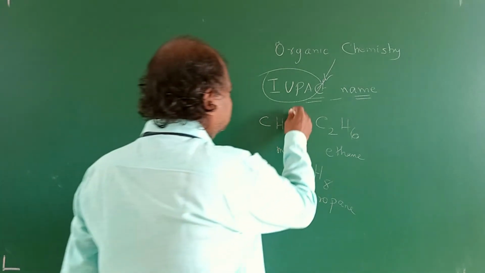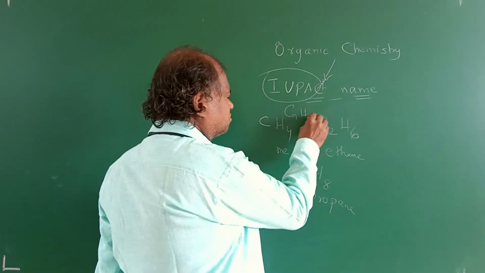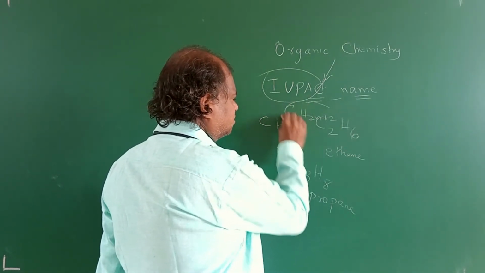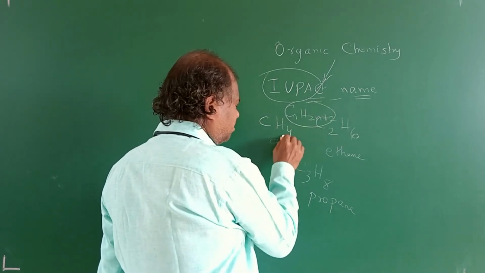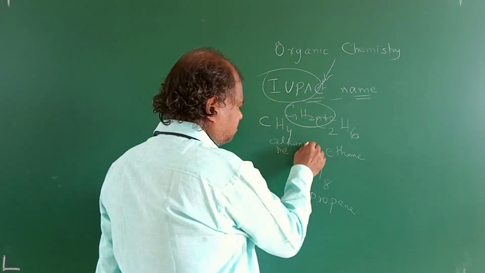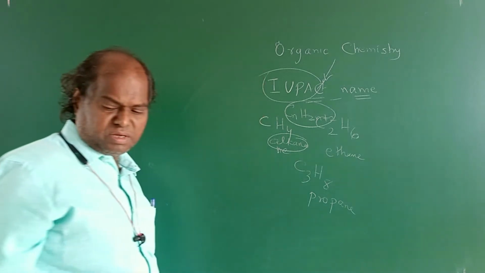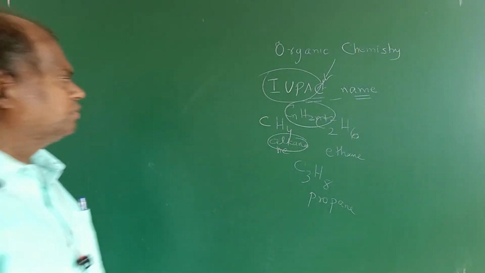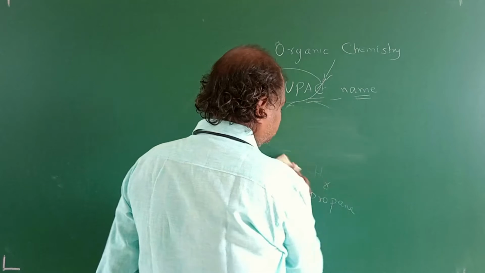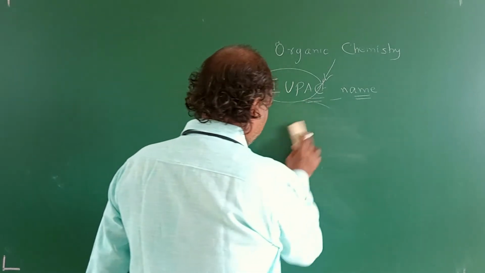And what is the general formula? CnH2n plus 2. These are called alkanes. What are they called? Alkanes, right? Okay. Students, we will start with the naming. That's more important. Let's start with the naming, right?